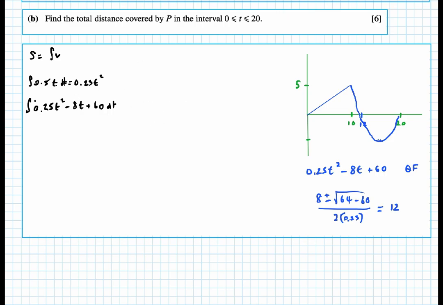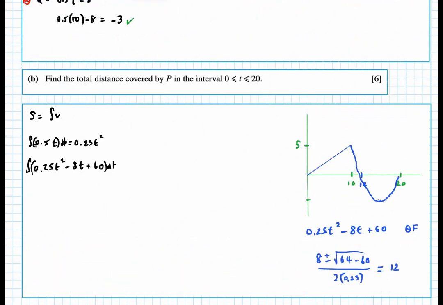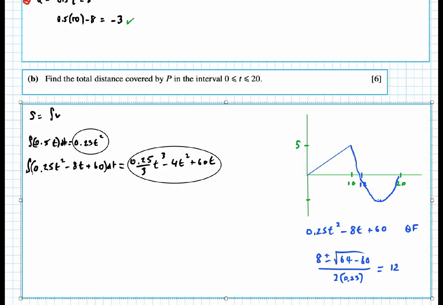We're going to do it between 10 and 12 seconds and 12 and 20 seconds. So they'll be our bounds as well at the x-axis. So there's our two answers there. There's our integrated form. The integrals. Just put little ovals around them.